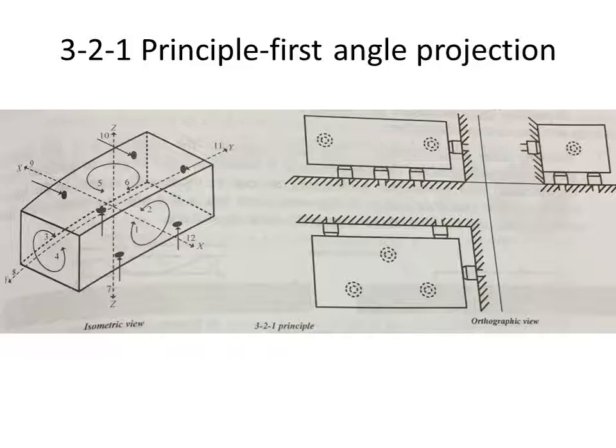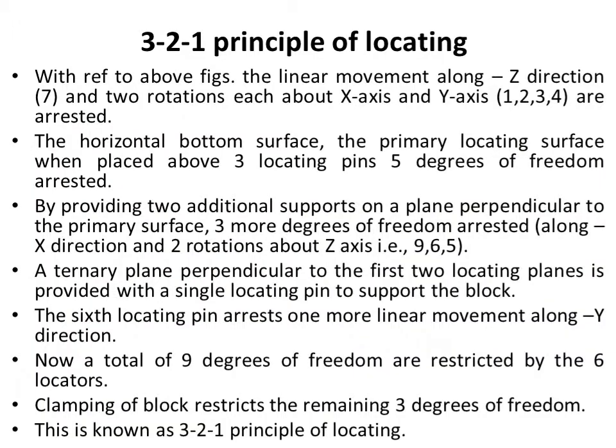After that, two locating pins are provided from one side which is perpendicular to the base. With these two locating pins, we get a further 3 degrees of freedom arrested. They are along the x direction and two rotations about the z axis.